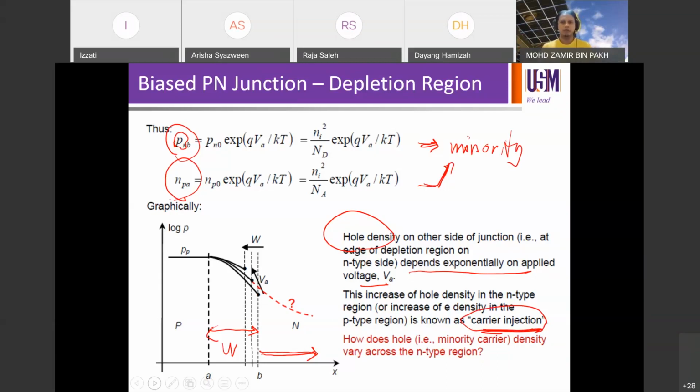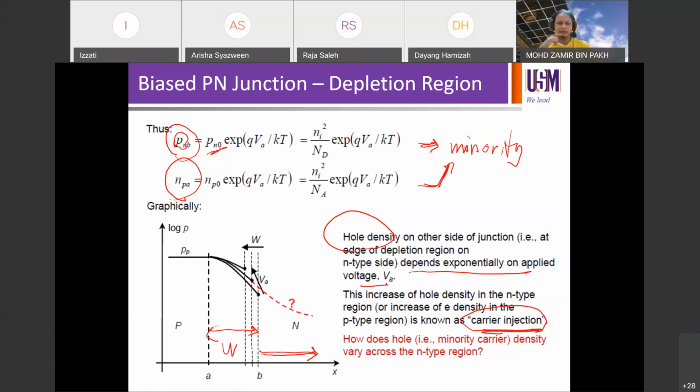For example, if you talk about this p_n, you have to know the p_n0, the density of holes in N-type at thermal equilibrium. Remember, the naught is thermal equilibrium before you apply the bias, times the exponential component of qVa over kT, where q is the electronic charge, Va is the applied bias, k is the Boltzmann constant and T is the temperature.